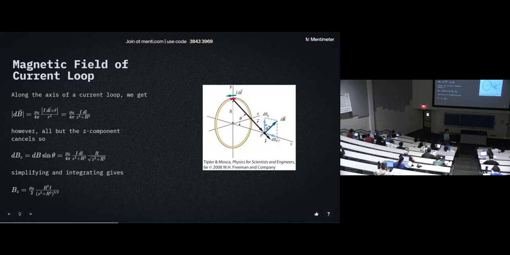And so for this very specific case, you get a magnetic field that on the z-axis only points in the z direction.